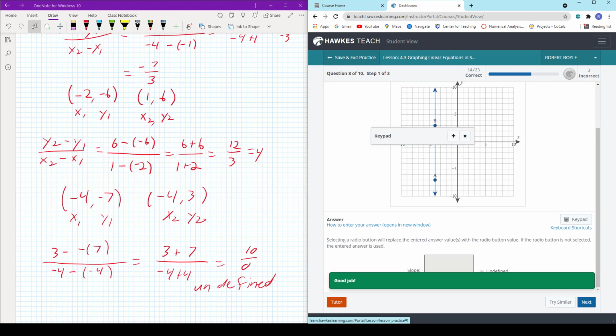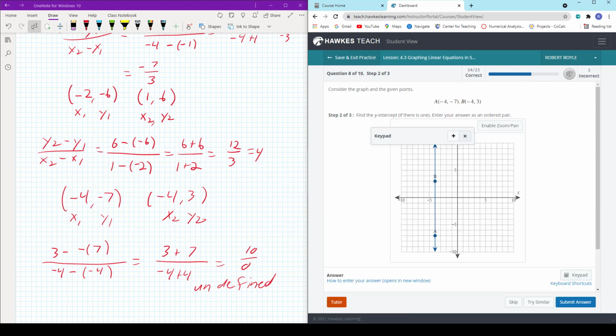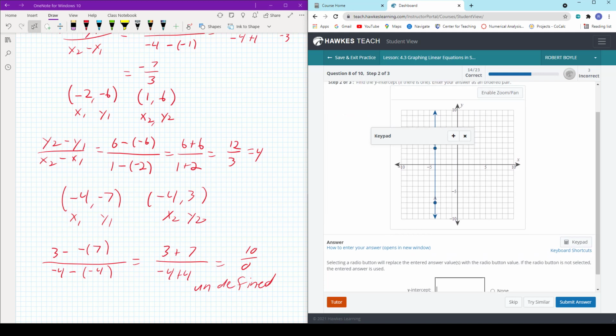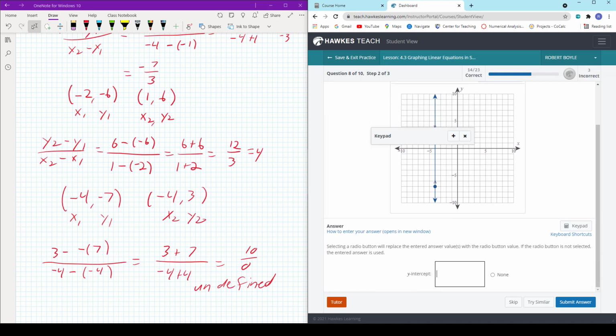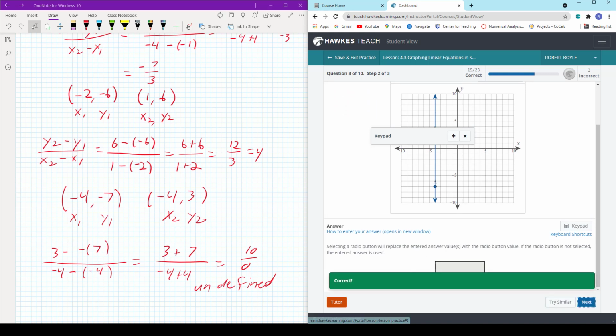go to next, and then you're going to be asked to find the y-intercept. Now remember, the y-intercept is that value of y where this line crosses the y-axis. There's only a slight problem with that. This line's a vertical line. It will never ever cross the y-axis. As a consequence, your answer here is none, and you would submit your answer.